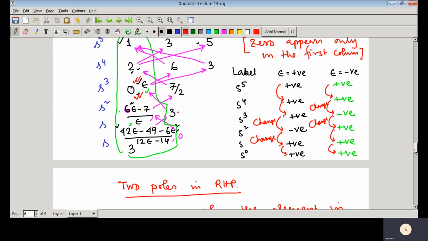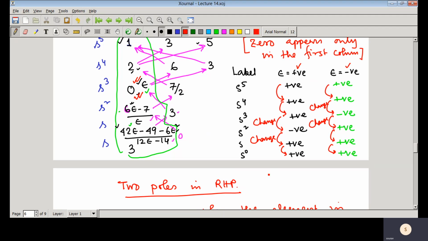So in this particular example, we found that there are two changes. If we go with epsilon positive, two changes are there, and if we go with negative, again two changes are there. Then you may ask whether it always happens. No, sometimes this particular method fails.